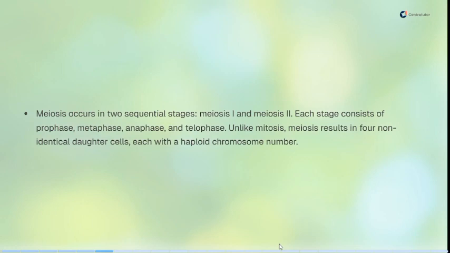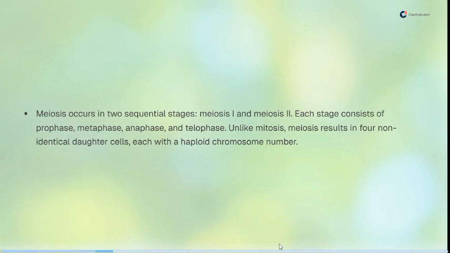These stages are meiosis 1 and meiosis 2, and each of them consists of prophase, metaphase, anaphase, and telophase, the same as mitosis.